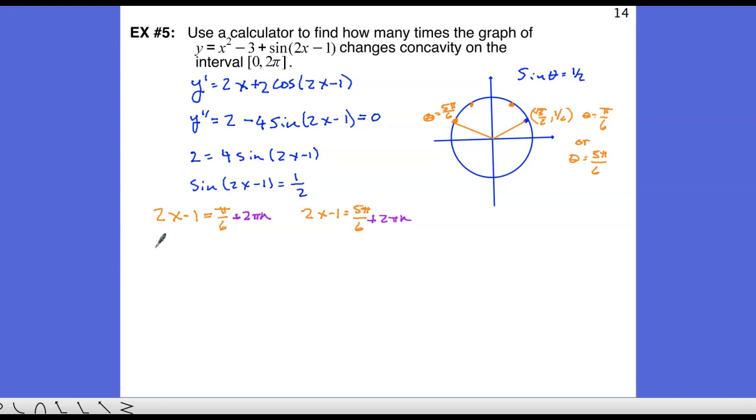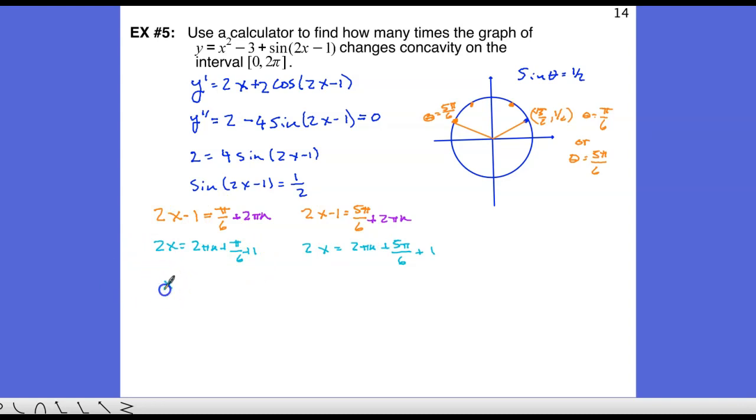Now this means that 2x is going to be equal to 2 pi n plus pi over 6 plus 1. And 2x equals, sorry, 2 pi n plus 5 pi over 6 plus 1. All we did was just add 1 to both sides. Now I'm going to divide through by 2.